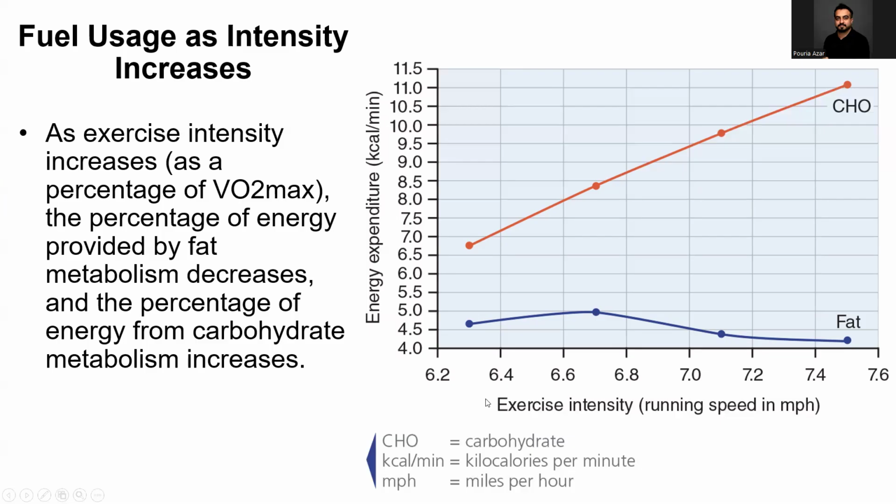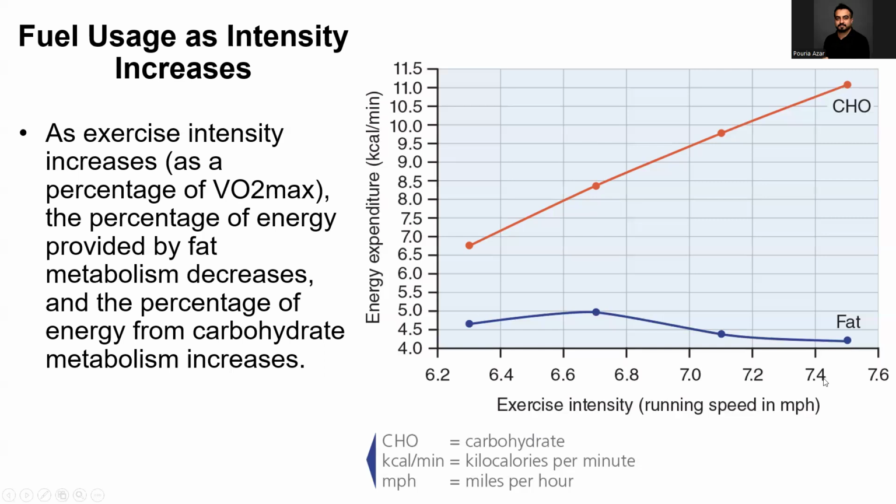At a running speed of 6.3 miles per hour, we are burning about 4.5 kilocalories per minute from fat and a little bit less than 7 kilocalories per minute from carbohydrate.